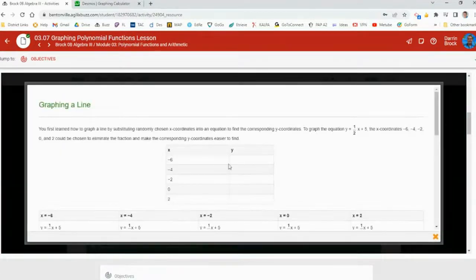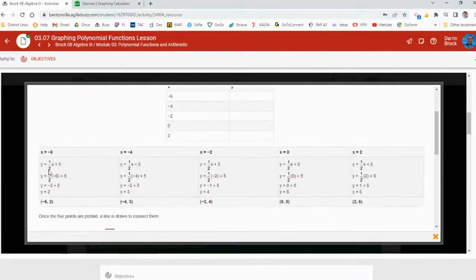Graphing a line, this is just reviewing graphing a line. If you have y equals 1/2 x plus 5, you can choose some x coordinates and substitute those into the equation. x equals -6. So it'd be 1/2 times -6 plus 5, -3 plus 5, y would equal 2. So that gives us the point (-6, 2).